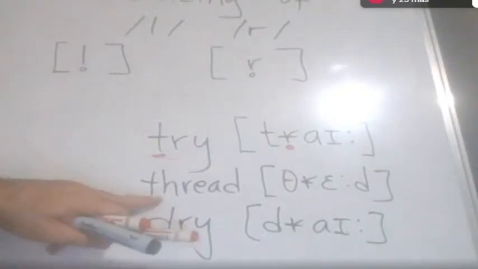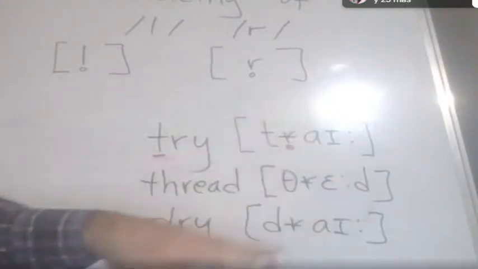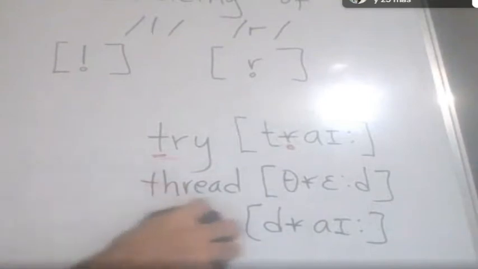Whereas here it does not get devoiced. Simply "thread" gets a fricative, "dry" gets a fricative, but it doesn't get the devoiced symbol. I can say many words with that devoicing cluster. I would say, for example, plot.